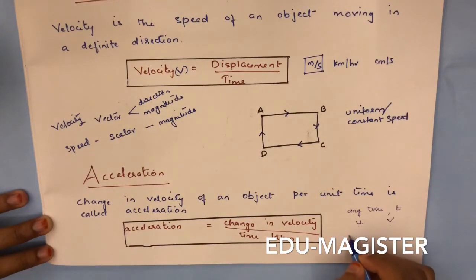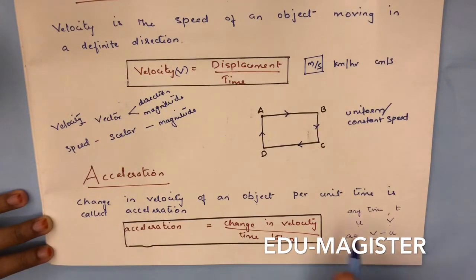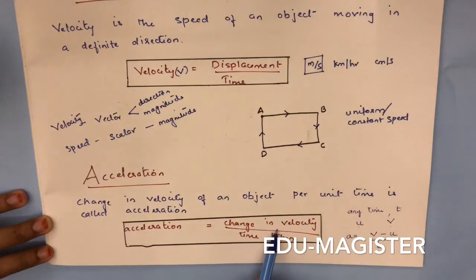In this case, acceleration will be given by final velocity minus initial velocity divided by time. So this is the formula for acceleration: change in velocity divided by time taken.